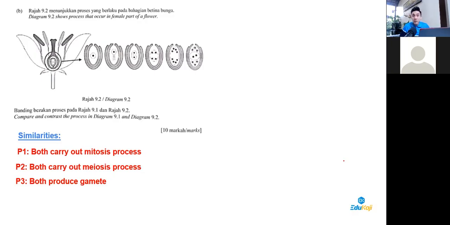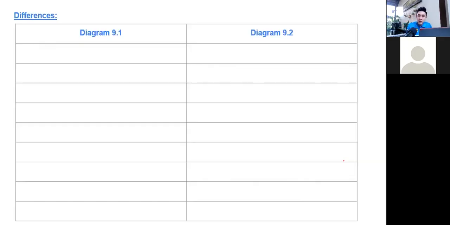In terms of differences, there's quite a number to talk about. Guys, I'll straight away compare for you. There's this table here. The first one is to form pollen grain; I'll highlight the keywords. On the right would be embryo sac.